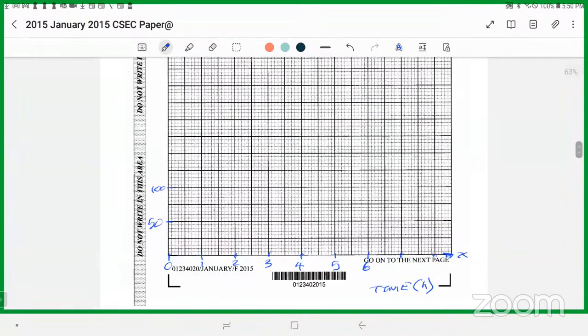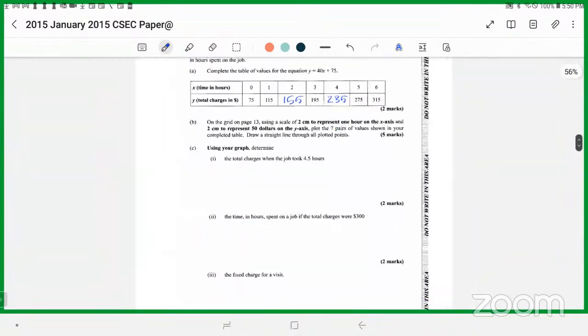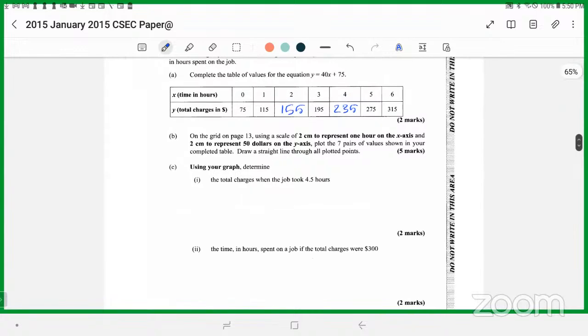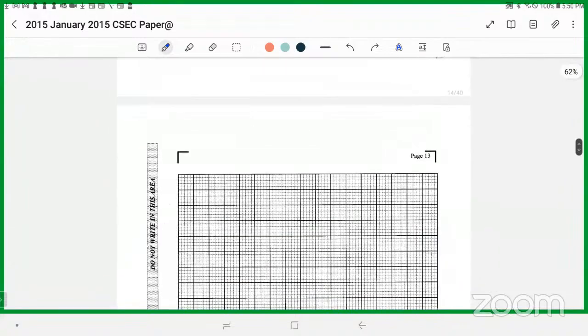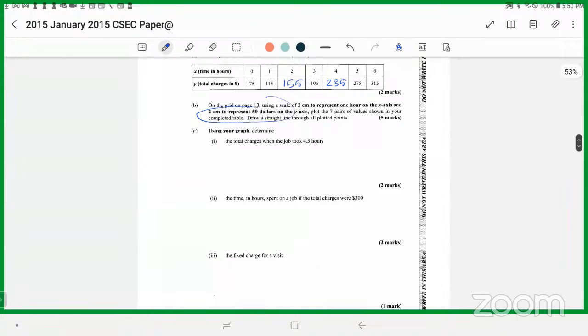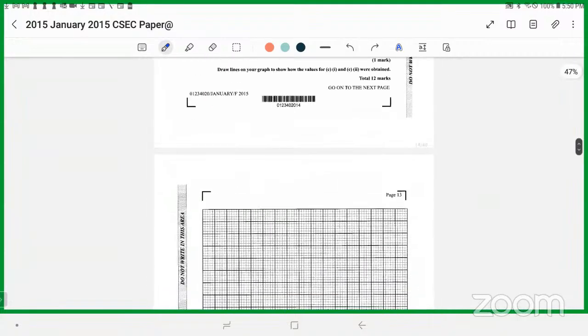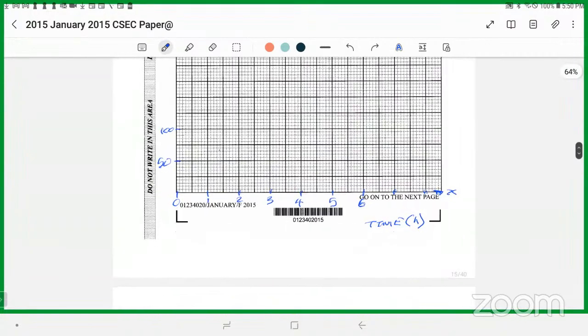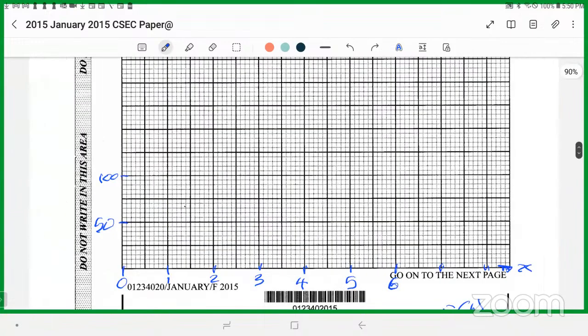The table went up to what? We're trying to plot in the table. The table went up to 315. So, every 2 centimeters, like I said, is $50. All right. So it's $50, 2 centimeters, $100, 2 centimeters, $150, 2 centimeters again, that's $200.